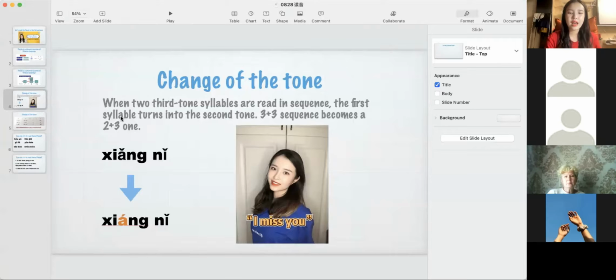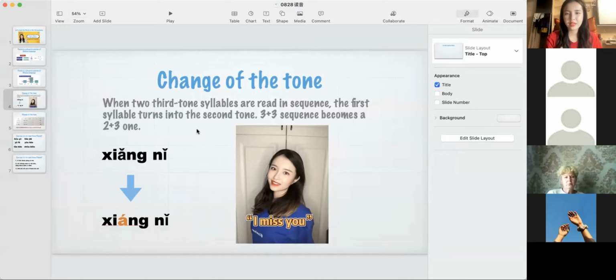So I just posted it here, you guys can read, and I can also read for you. When two third tone syllables are read in sequence, the first syllable turns into the second tone. So a third plus third sequence becomes a second plus third one. For example, see these two Pinyin, their tone is the third tone, which is the falling-rise tone.